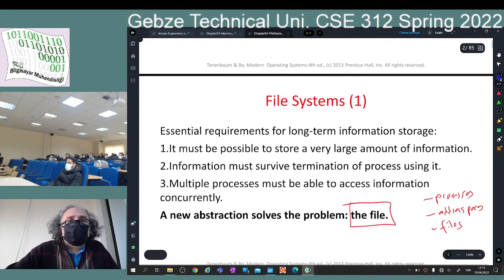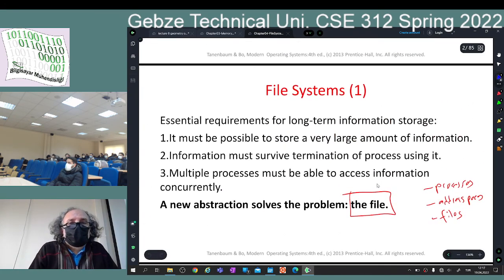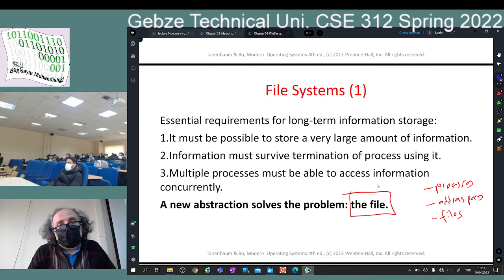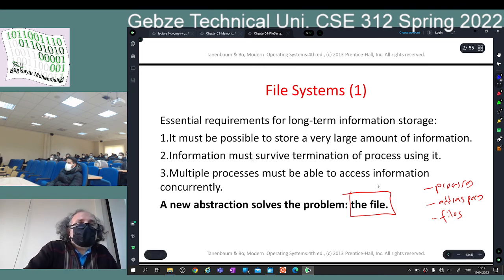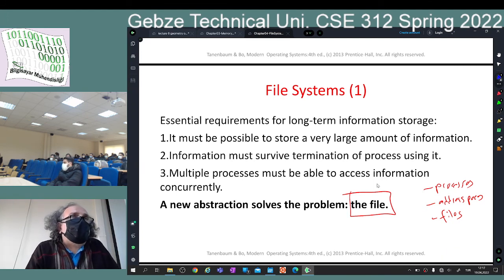Because for our computers, we need to store large amounts of information someplace. That will not be possible with our main memory, because our main memory is limited. It's not very large. And worse than that, when we power off our computer, that data goes away.